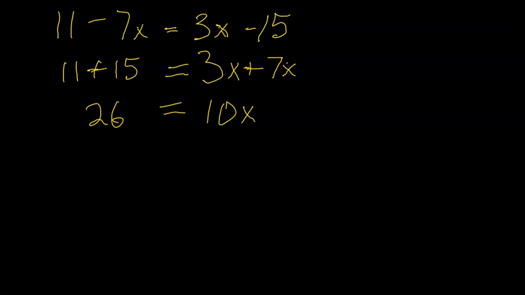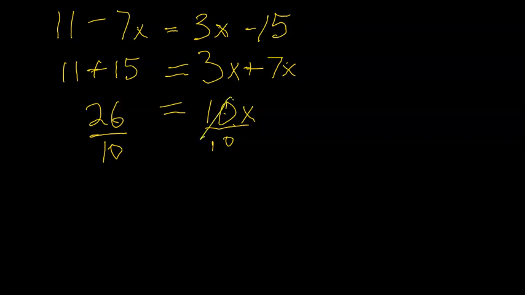And the last step says divide by the coefficient of x, right? The coefficient of the variable. Here the coefficient of the variable is 10. It's the 10 that we see here, right? This is the coefficient of the x term. So we divide this by 10. We divide this by 10. Whatever we do on the right, we do on the left. Whatever we do on the left, we do on the right.